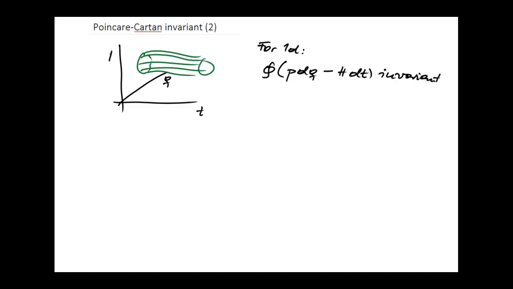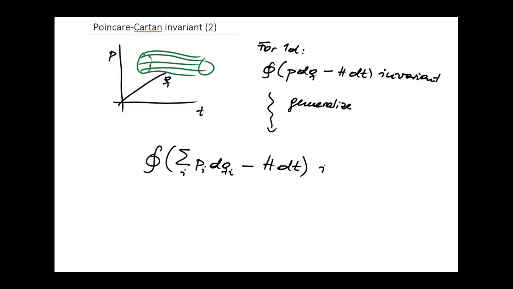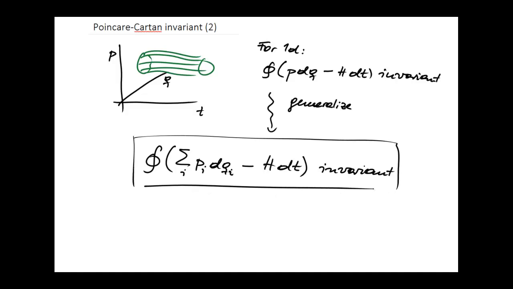I will tell you without proof that when you generalize this to higher dimension, then the invariant becomes the sum over i of p_i dq_i minus h dt is invariant. And this is for arbitrary dimensions called the invariant of Poincare and Cartan.